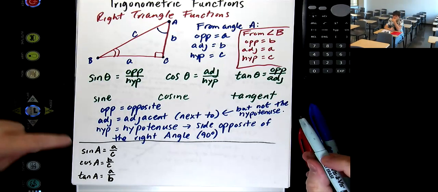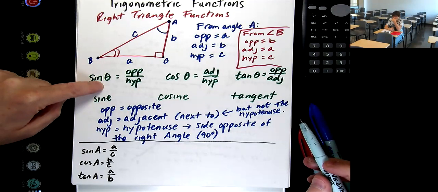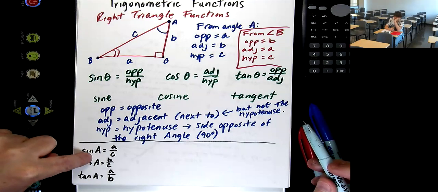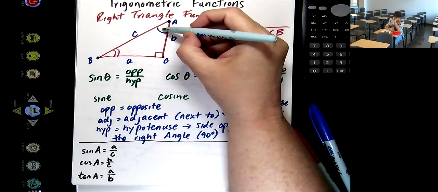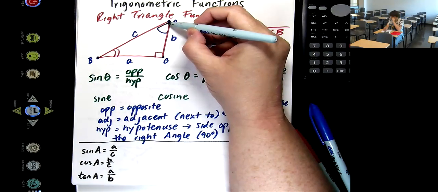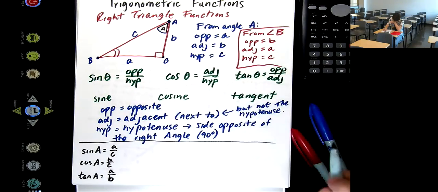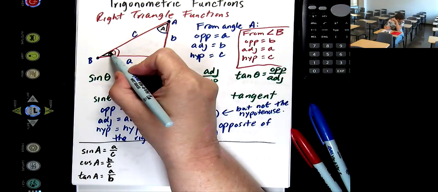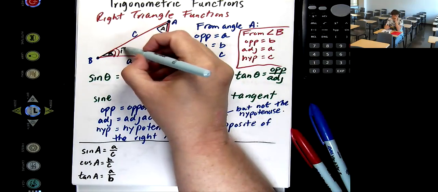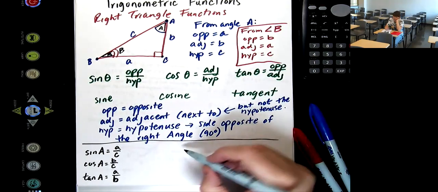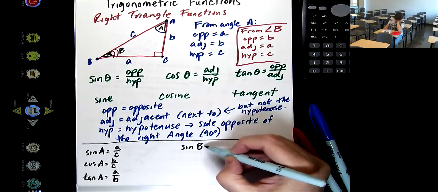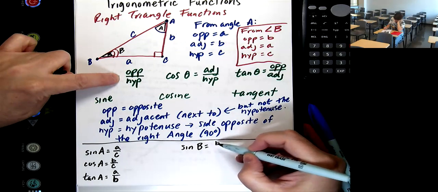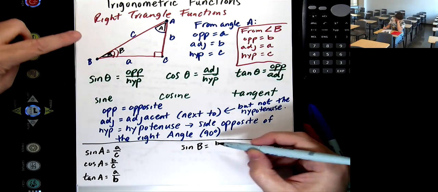And so usually, instead of putting theta or something like that, they will put the letter of the point where the angle is coming from. So this is angle A, and this angle is angle B. If I look at sine of B, I need to follow this pattern, opposite, which is b, over hypotenuse, which is c.